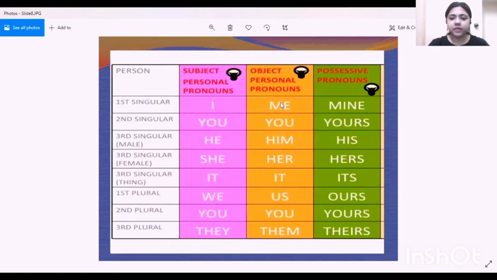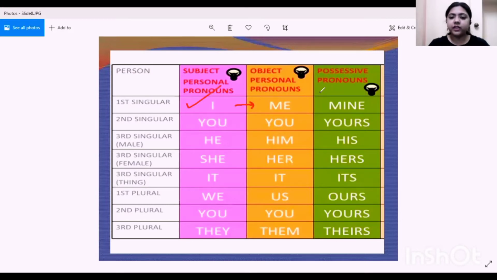Now here is the table which will clear all the words which are used for different persons and in different numbers. Alright. So personal pronouns, when they are used as subject and they are used for first person. What is the word which we use for first person in singular number? That is I. Right? This is the subject. And what will be the object form of this? Objective form of I? It will be me.